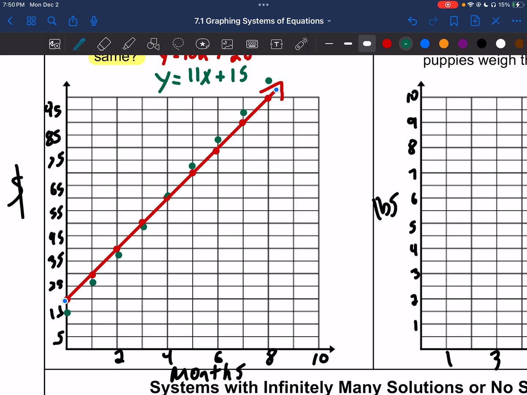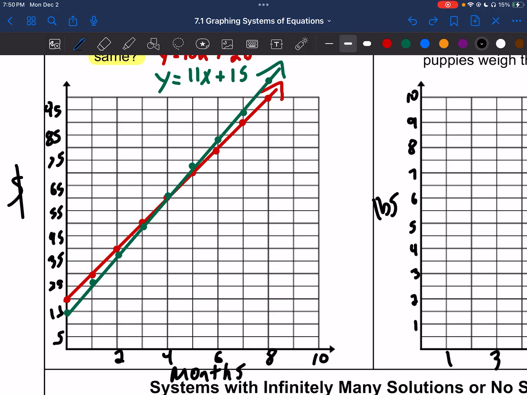And I'm going to draw in a green line, and we're going to have that arrow. And where do these two lines cross? Right there at the 5th month? Nope. They cross in the 4th month.